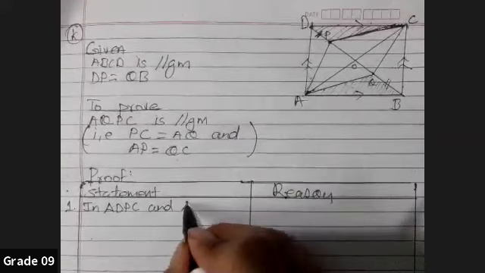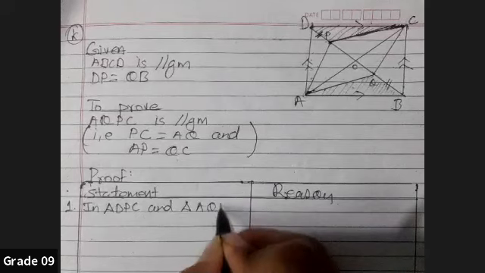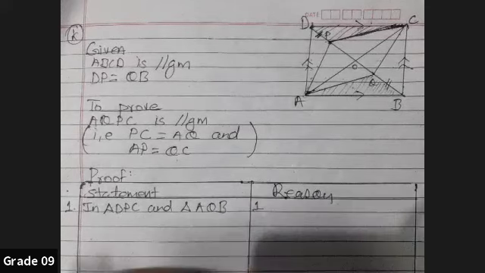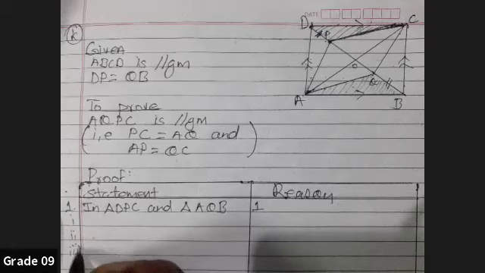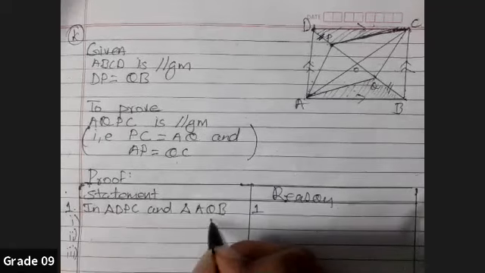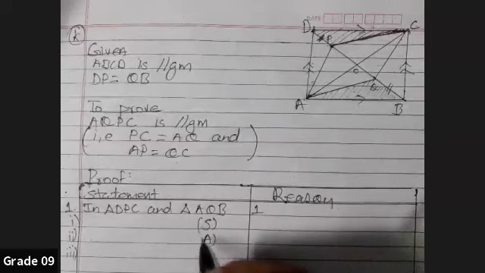First let me mention the names of the triangles. The first triangle is the upper one, triangle DPC, and the lower one is triangle AQB. First I will tell you by which axiom they can be proved congruent: side angle side. Why?